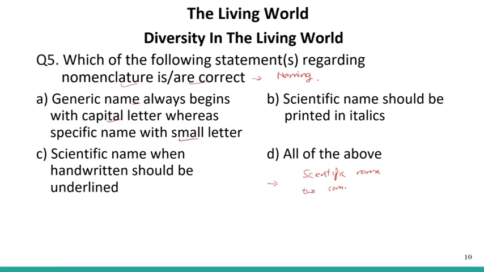The first one tells you about the genus, and it is known as the generic name or generic epithet. The other part tells you about the species. This is known as the specific epithet.